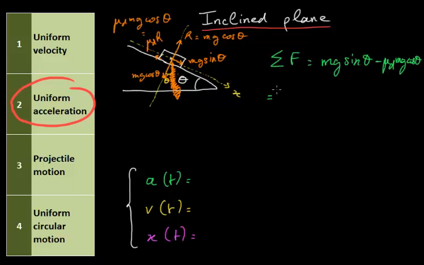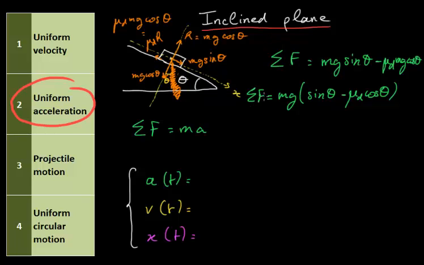Okay, so for the force, I can factor mg out here. I have mg times sine theta minus mu d cosine theta. Very good. So knowing that the unbalanced force is equal to ma, I need to divide this unbalanced force by m to obtain the acceleration.